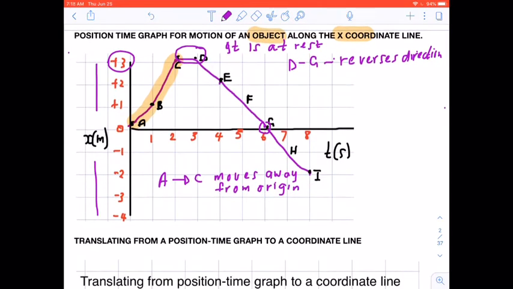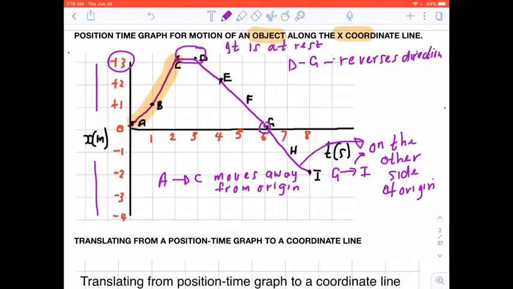Once it's at G, and from H to I, it's on the other side of the origin. That means from G going on to I, it's on the other side of the origin.